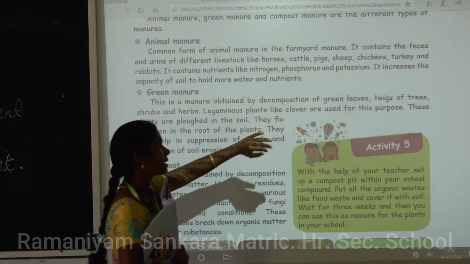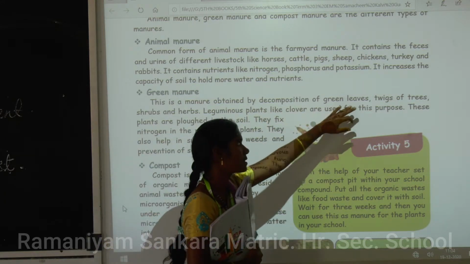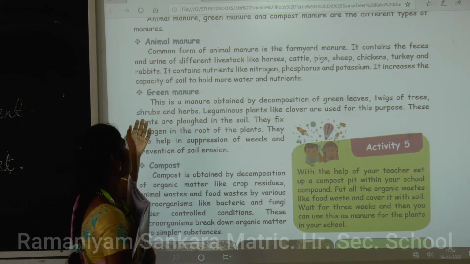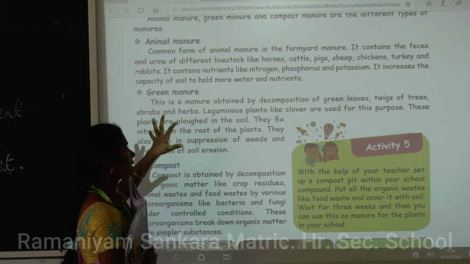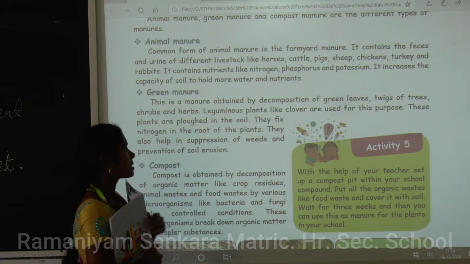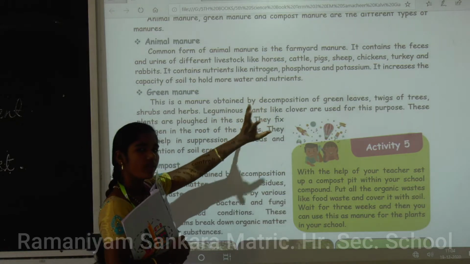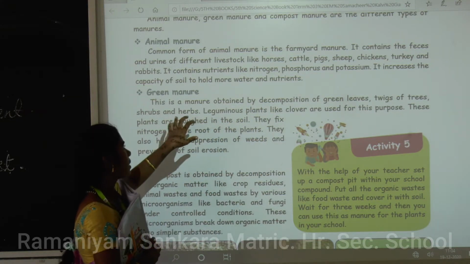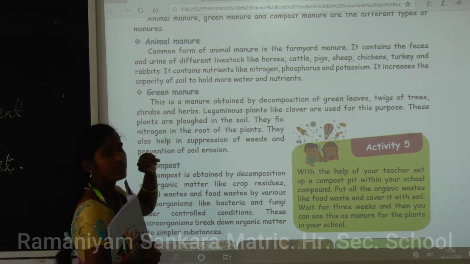So it comes from the green leaves and twigs of trees, shrubs and herbs. They let it decompose, like garbage rotting, and from that we get this green manure.